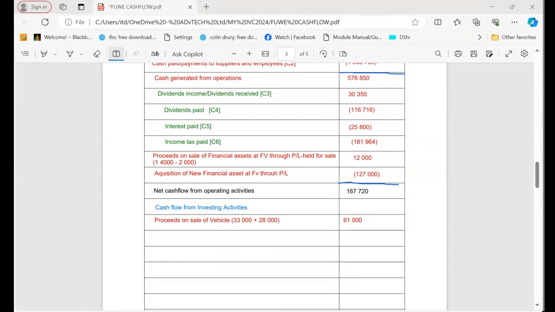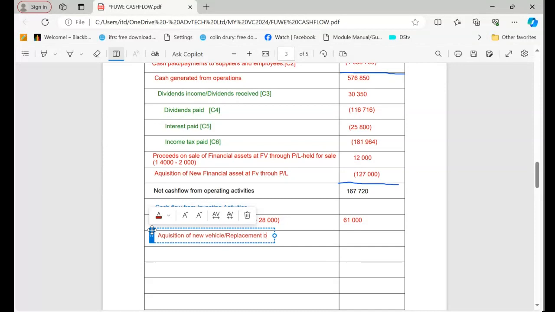Any of them is fine. The acquisition one is fine. Okay, let's say acquisition of new vehicles. Or you can say replacement, because I think they did say we replace, but it's okay. They won't penalize you. Let me just say or replacement of vehicle.